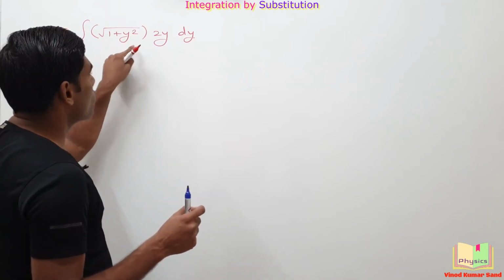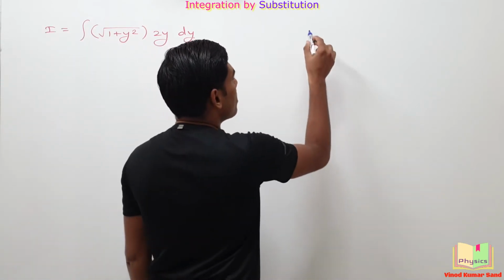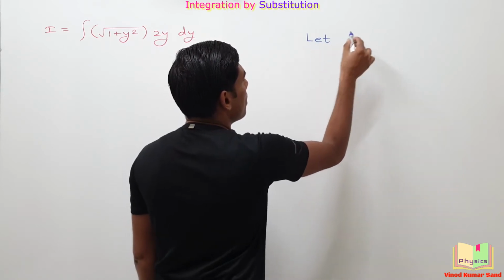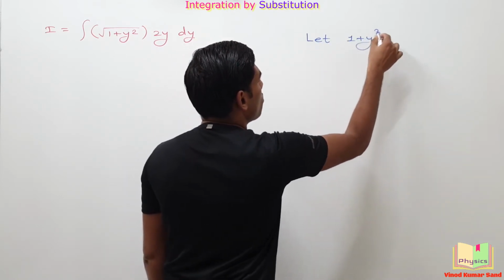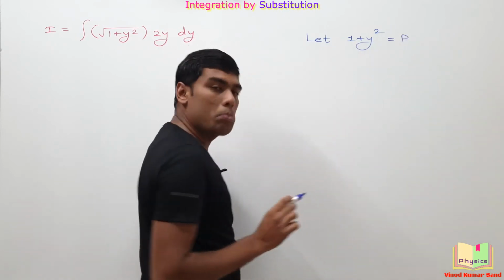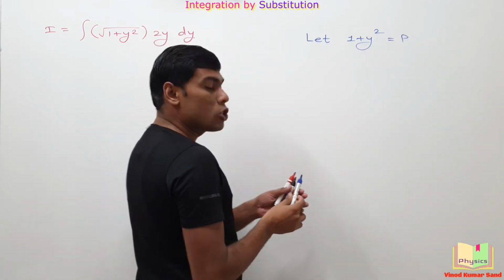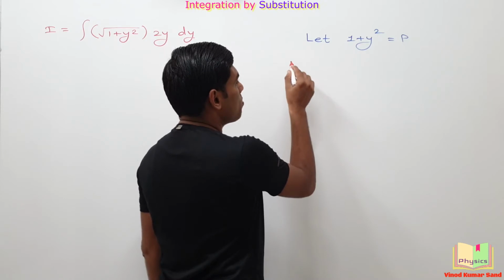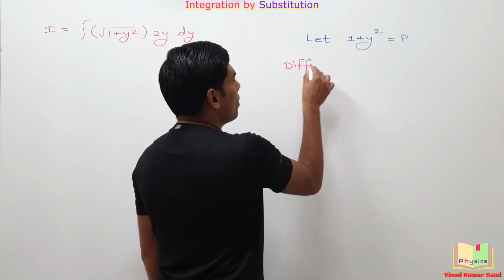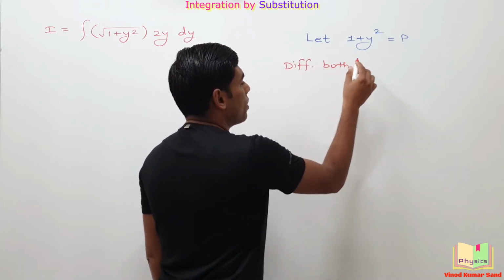This 1 plus y square, I'm assuming as p. Pay attention. Let 1 plus y square is equal to p. Now differentiate both sides with respect to p. It's a pretty important step.